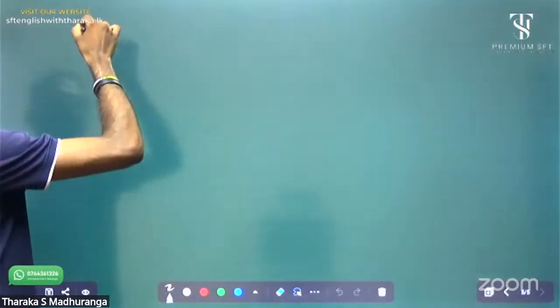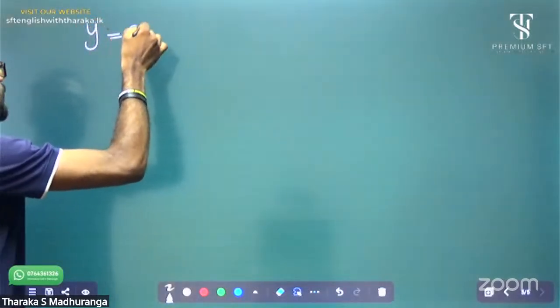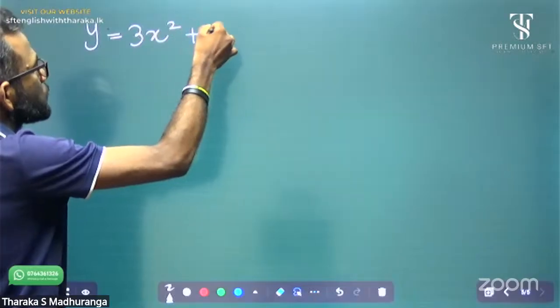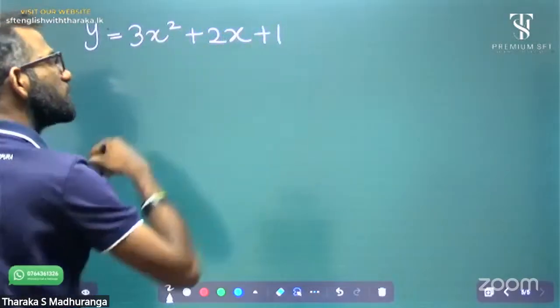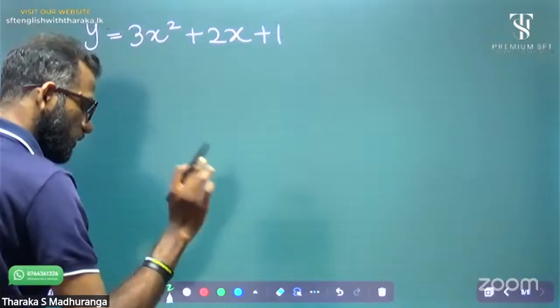Now what is the equation? y equals 3x squared plus 2x plus 1 is the equation. Okay, I will give you the short method.